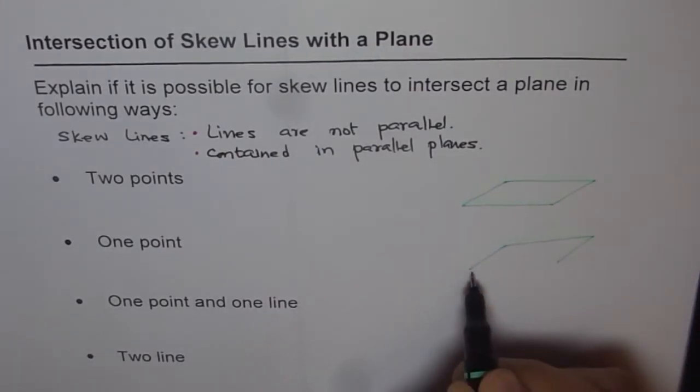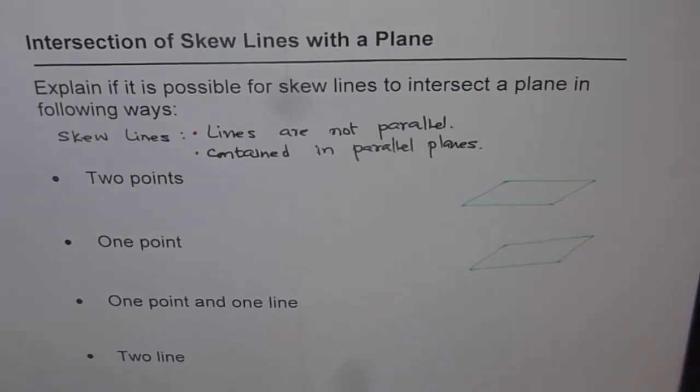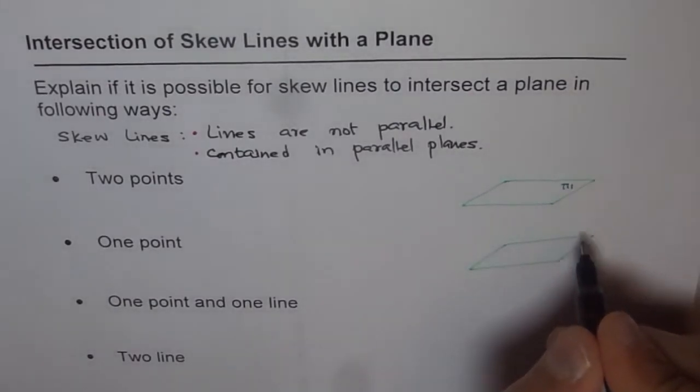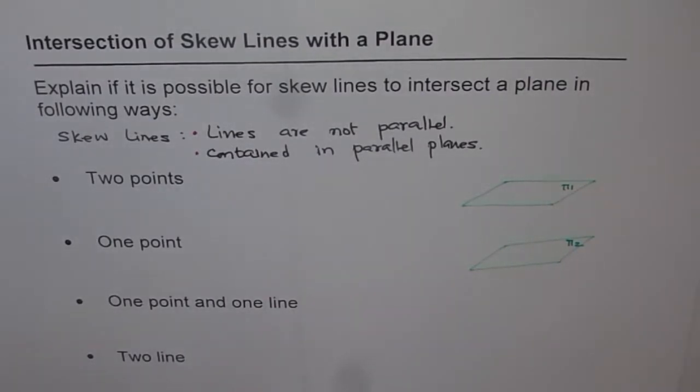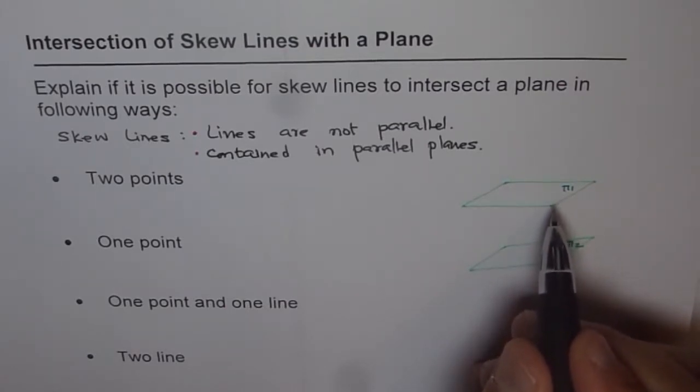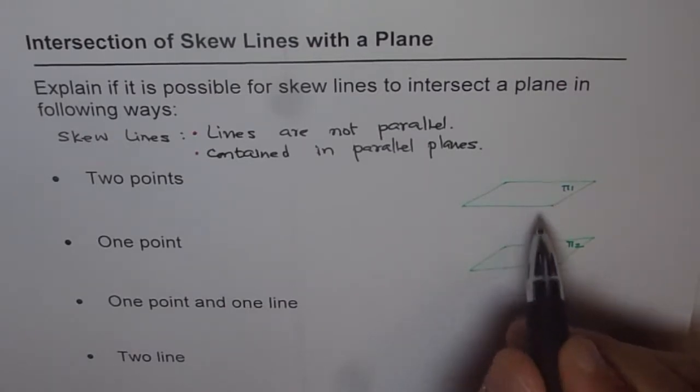So these two planes, imagine that they are parallel. We'll call these planes pi 1 and pi 2, right? These are my two planes. Now in these planes, we have two different lines. If we have lines in the planes, they are skew lines since they are in parallel planes.